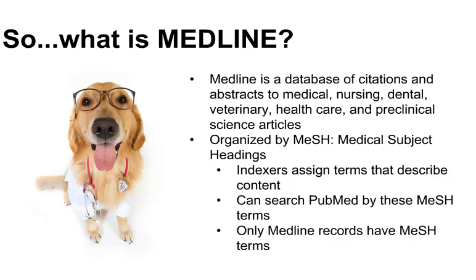So if I told PubMed I wanted to search for induction chemotherapy as a MESH term, it would only return results that a human indexer has tagged with induction chemotherapy, versus if I just searched induction chemotherapy by just typing it into the search box, it would just do a keyword search and return every result that has induction chemotherapy mentioned in it. So it's a way to do a more specialized search within PubMed.